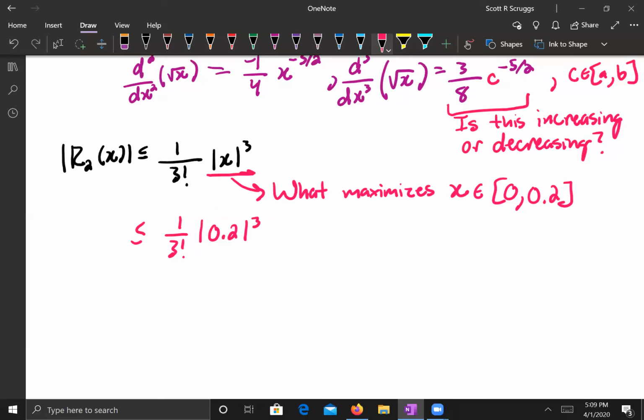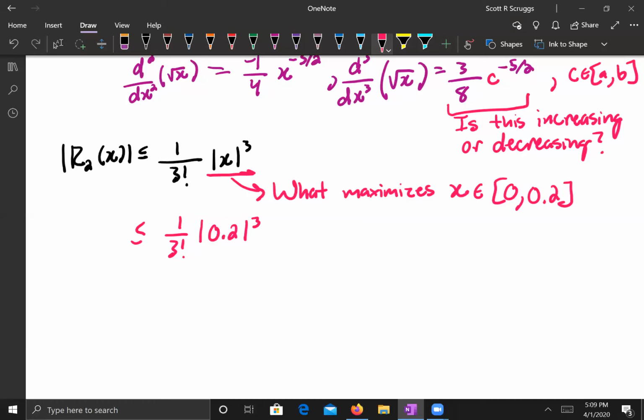Okay, well, plugging this in here, 1/6 is a tiny number, but 0.2 cubed is also tiny. So 0.2 cubed is 0.008. And if we multiply that by 0.16 repeating, that gets us 0.0013 repeating.